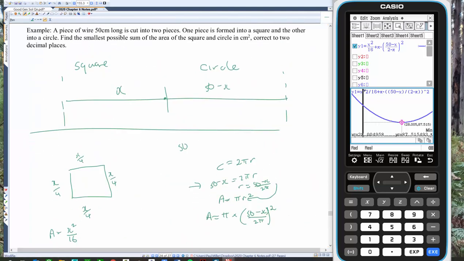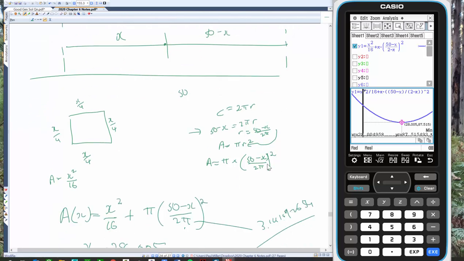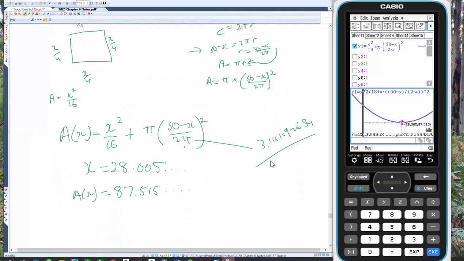Find the smallest possible sum of the area of the square and circle in centimetres squared, correct to 2 decimal places. So there we go, we've got it now. So let's just finalize that by saying, therefore, 87.52 centimetres squared is our smallest area.